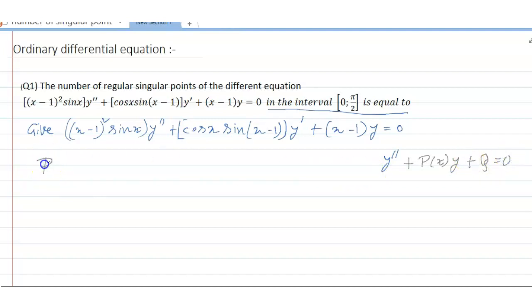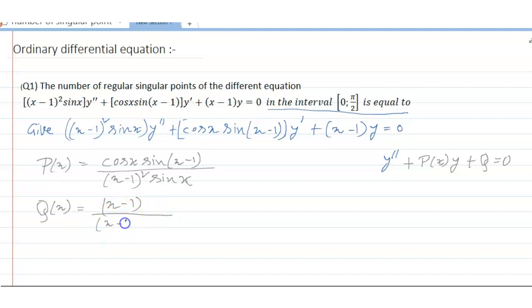So friends, p(x) in here is cos x into sin(x minus 1) divided by (x minus 1)^2 sin x, and q(x) equals to (x minus 1) divided by (x minus 1)^2 sin x.